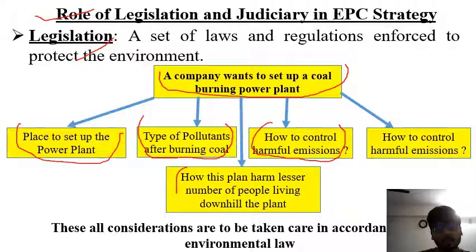We should also address the question of how this plan can harm a smaller number of people living downhill of the plant. If there is a village or city located near the plant, how can the plan affect fewer people living in that area? These are some of the important questions. And the last is how to control harmful emissions on a longer term basis.